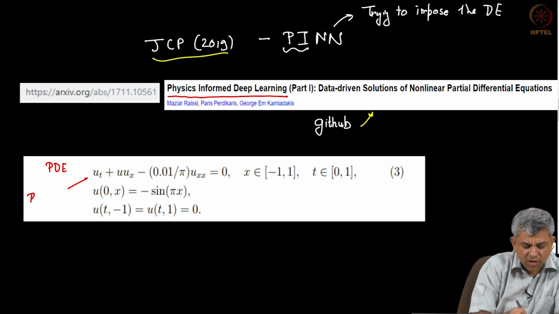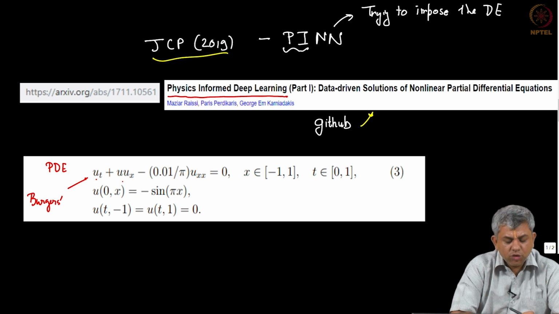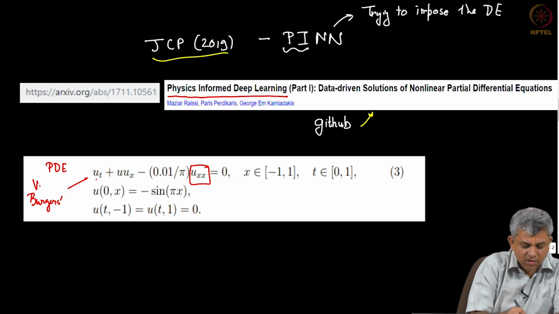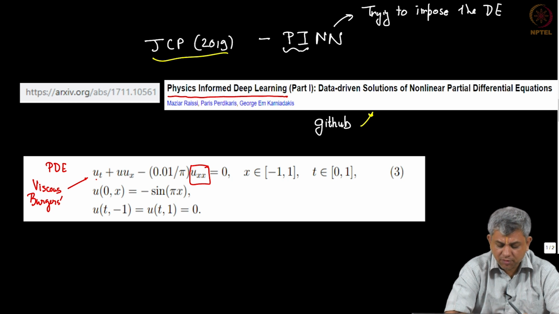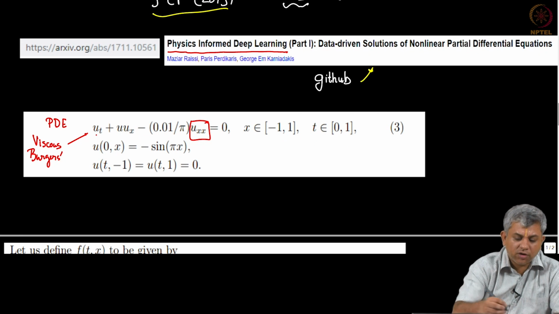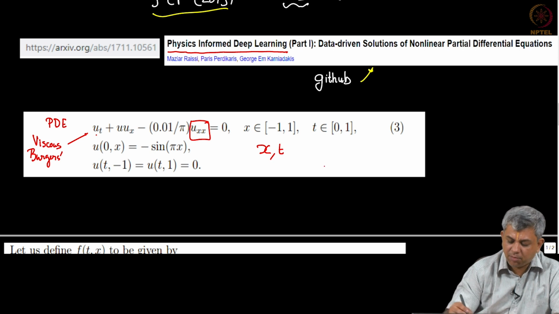This equation is known as Burgers' equation. Okay. You will see u_t plus u u_x minus nu u_xx, this is what is called the viscous form of Burgers' equation. Now, unlike simple ODEs, you have to give a little bit more conditions. Okay. So, this has both x as well as time.